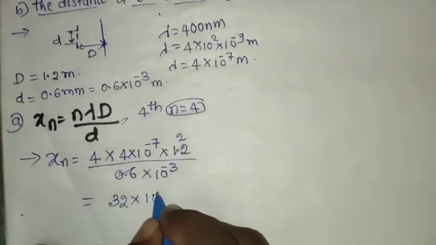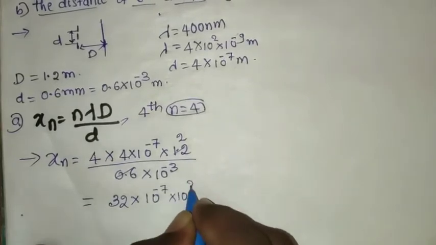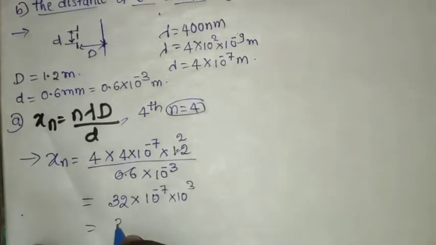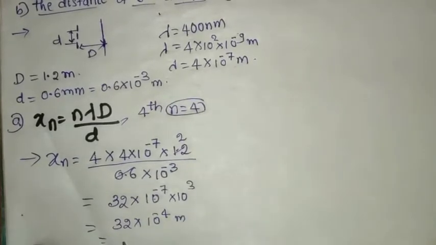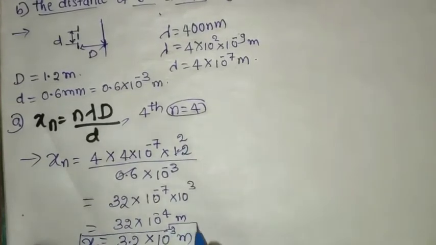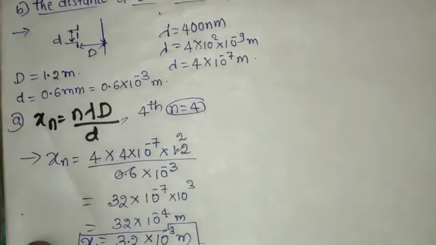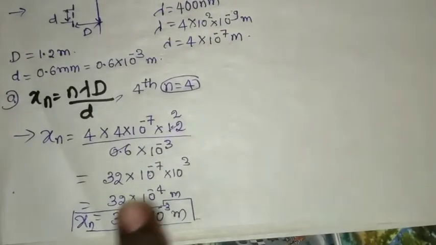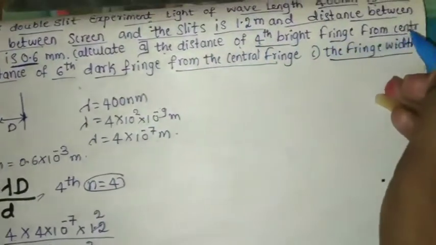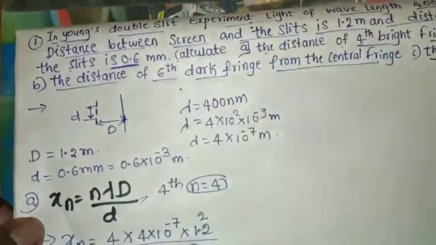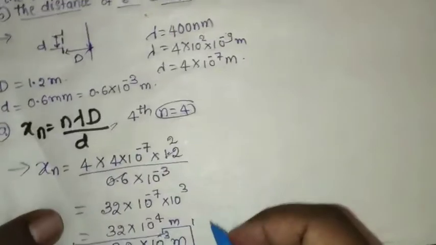So 32 into 10 to the power minus 7 plus 3, that is 32 into 10 to the power minus 4 meter, or 3.2 into 10 to the power minus 3 meter. This is the distance between the fourth bright fringe and the center point. This is the answer of the first one.